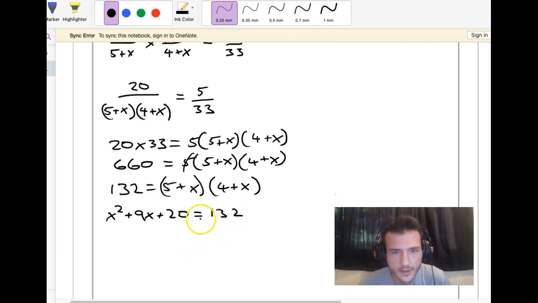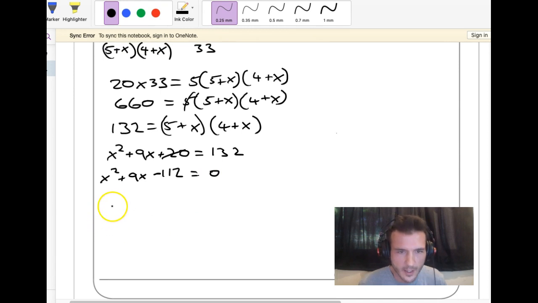Now, if I take 132 from both sides, that will leave 112, sorry, minus 112. So we'll still have x squared plus 9x, and that all equals 0.